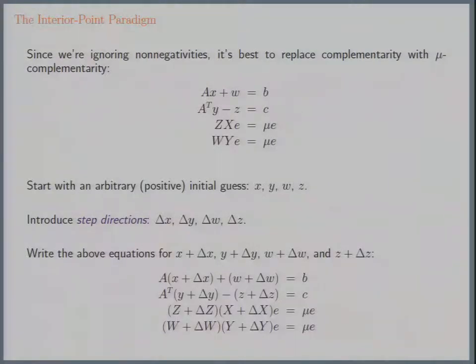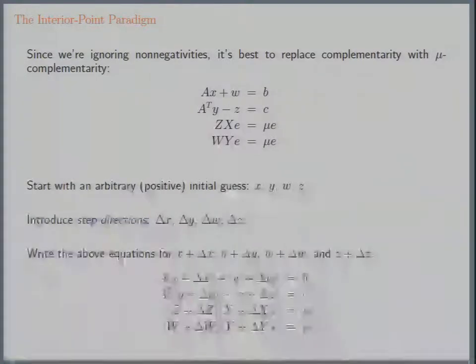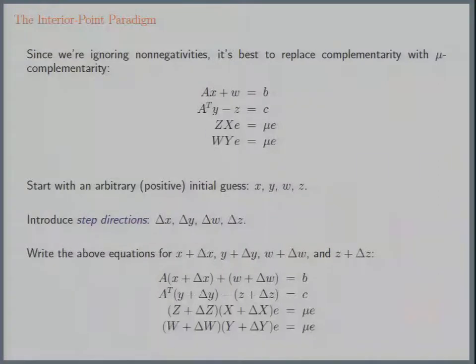If I plot just one component, say, and the corresponding component of z, x times z equals 0, if I plot it, it's just this. And so we're saying we're either here or here.